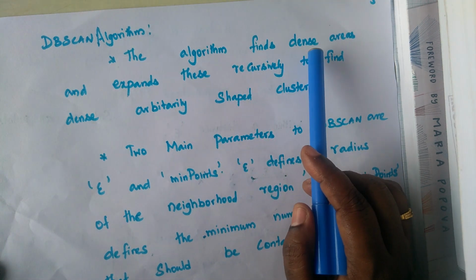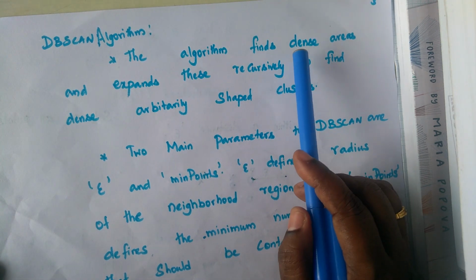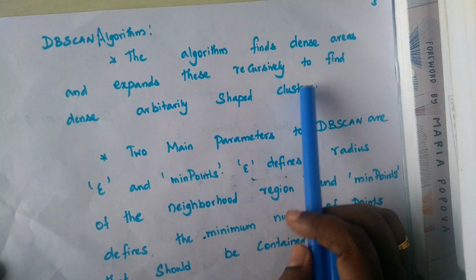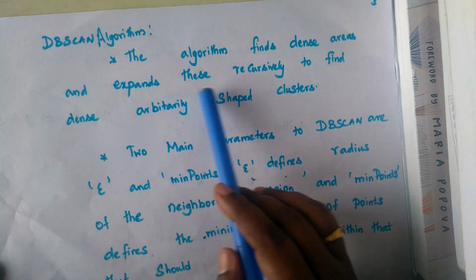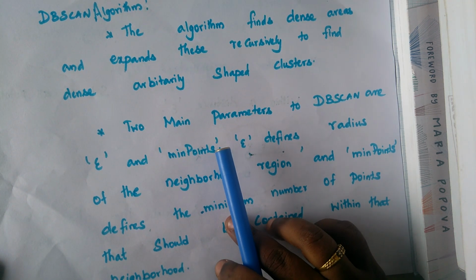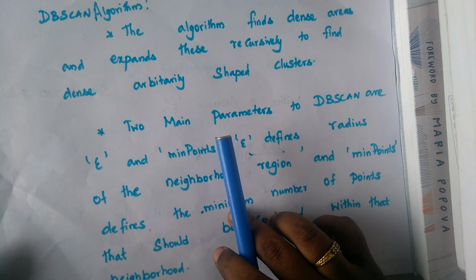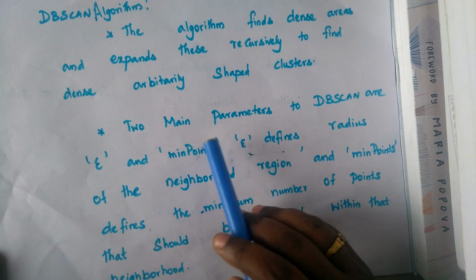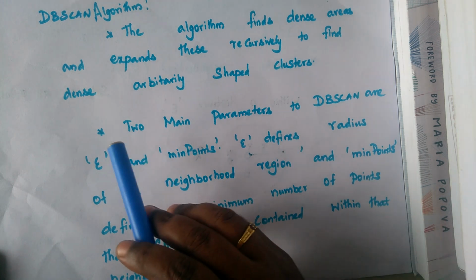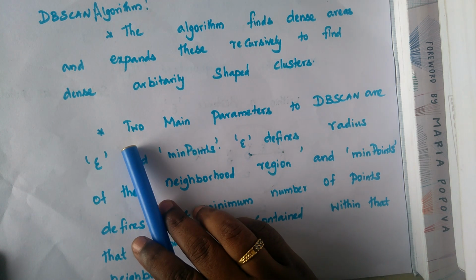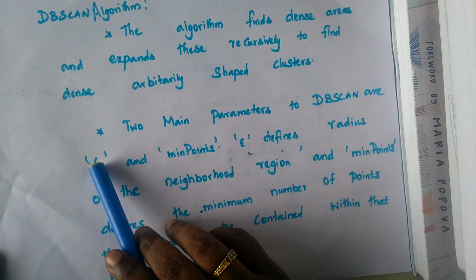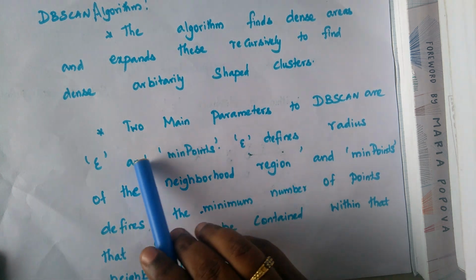As we said earlier, we are going to recursively find the dense areas and find the clusters, which are arbitrarily shaped. Before going into the algorithm, we need to understand the two main parameters of DBSCAN, which are epsilon and min points. Epsilon defines the radius of the neighborhood region. Let's take a point P. The algorithm starts by drawing a circle of radius epsilon and finding the points present in that region.